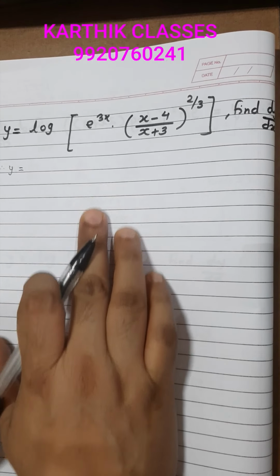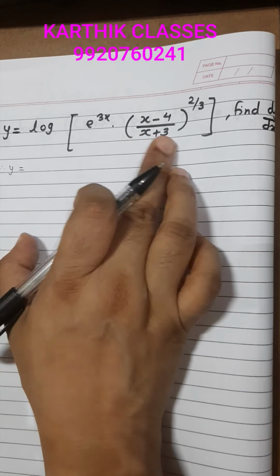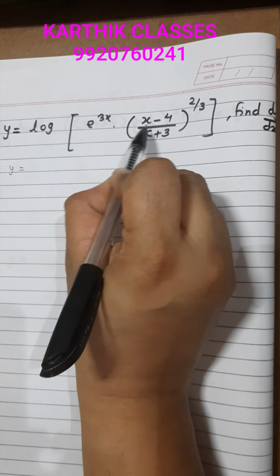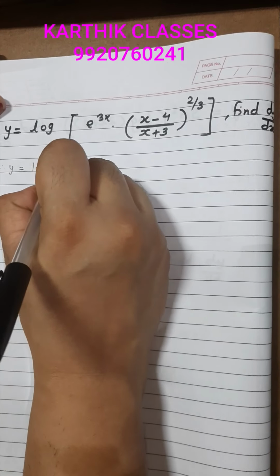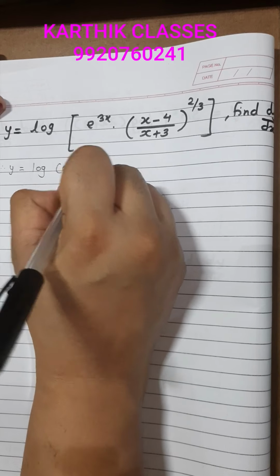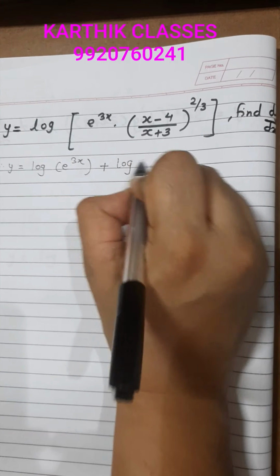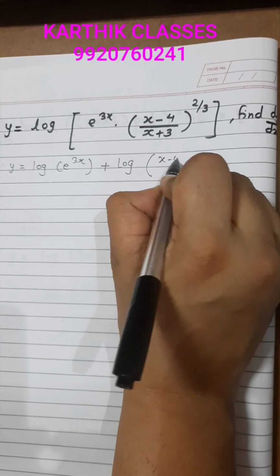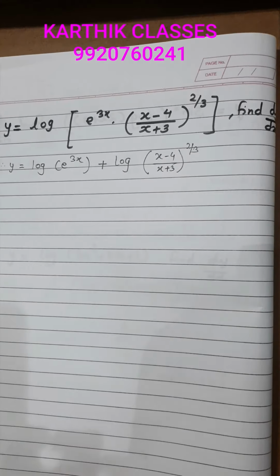So first we will simplify and then we will differentiate. So y is equal to, I will just take out this exponent and algebraic expression. So this becomes log of e raised to 3x plus, because there is a multiplication, log of x minus 4 upon x plus 3 whole raised to 2 by 3.